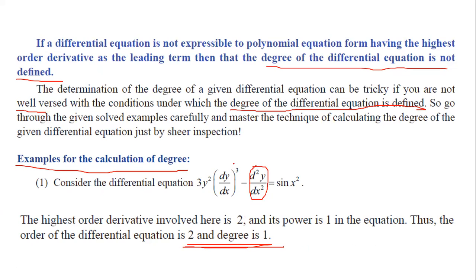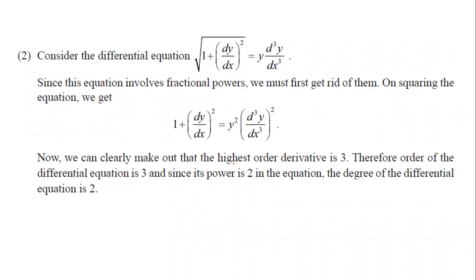But in case there are fractional powers, we have to make them integers. Then only we can find the degree and the order. Consider the differential equation square root of 1 plus (dy by dx) whole square equals y into d cube y by dx cube. Since the equation involves fractional powers, we must first remove the root by squaring both sides.